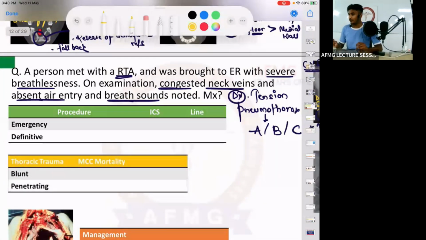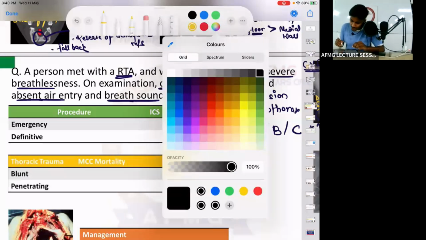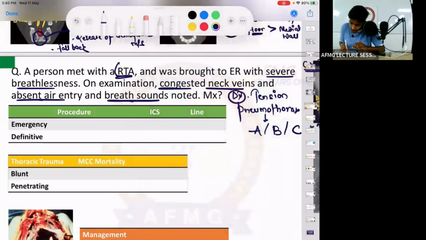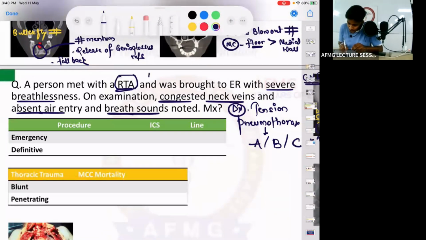Then procedure की मैं बात करूँ, for management of tension pneumothorax, if the patient comes to an emergency, now here my answer will change, and I will give you a reason why my answer would change. ठीक है? Here my answer changes because they have given a history of road traffic accident. That means the patient has come after a trauma, and therefore I will follow which protocol?